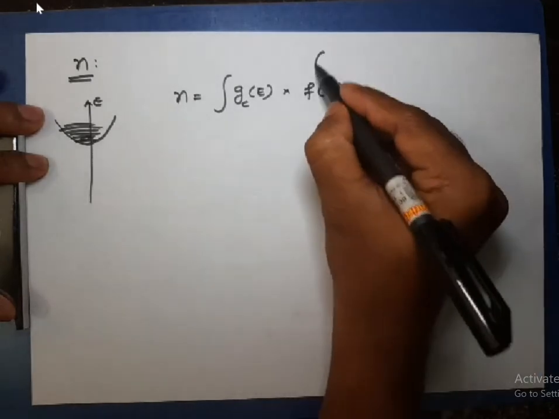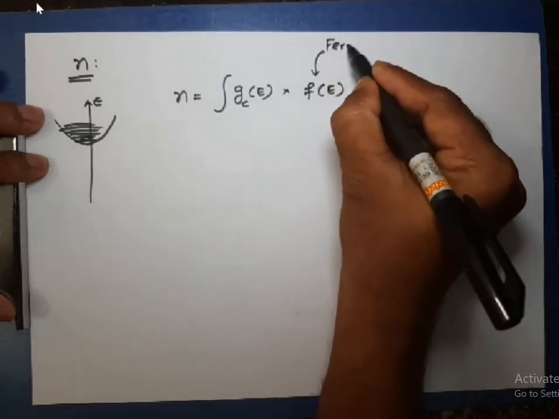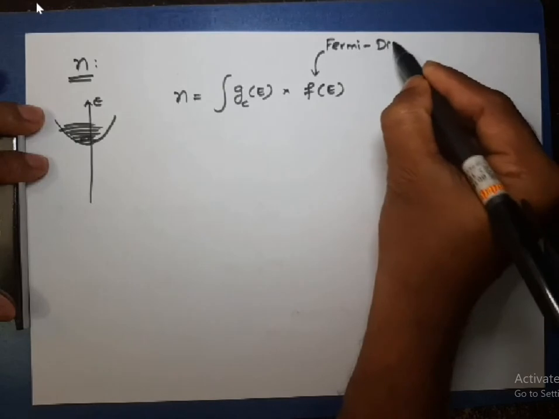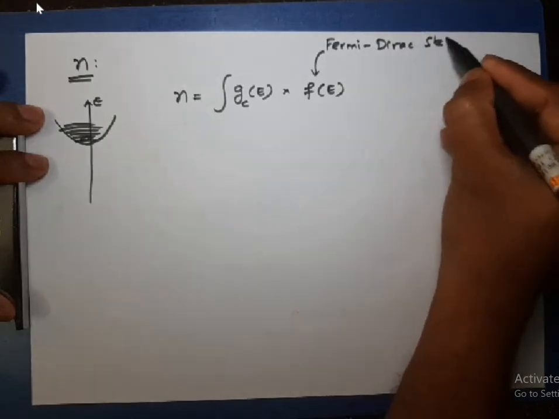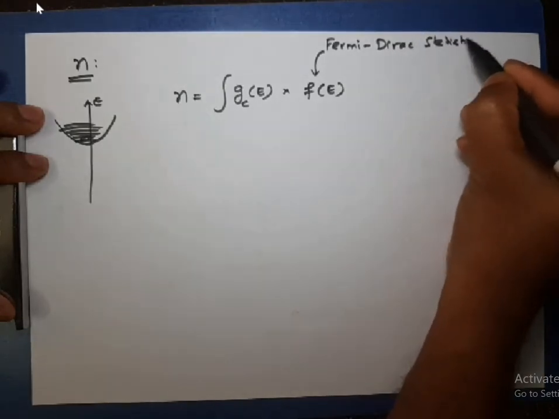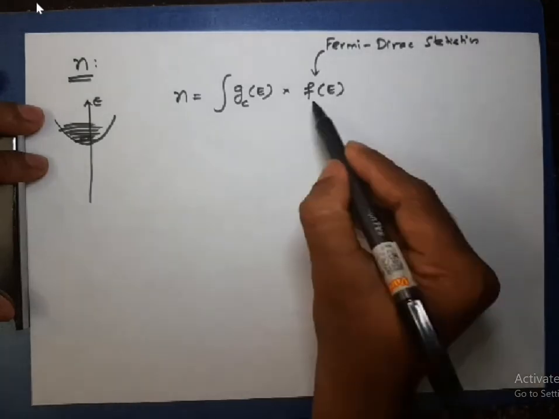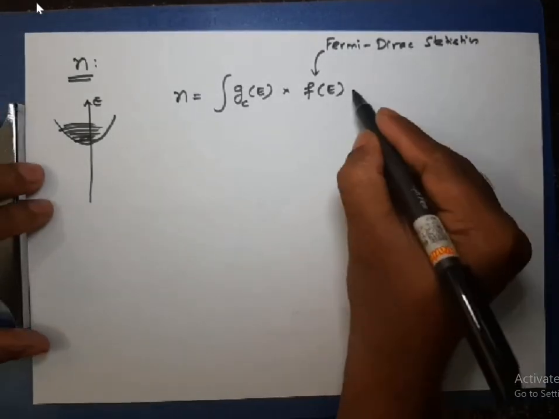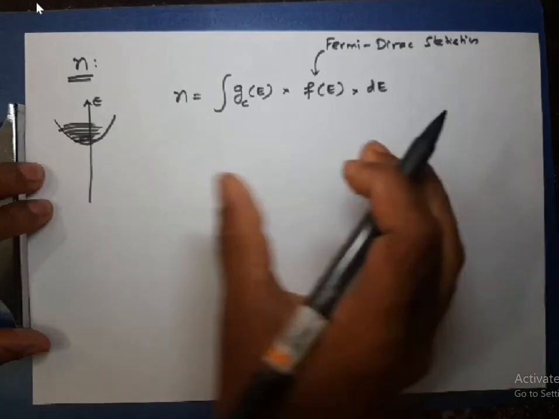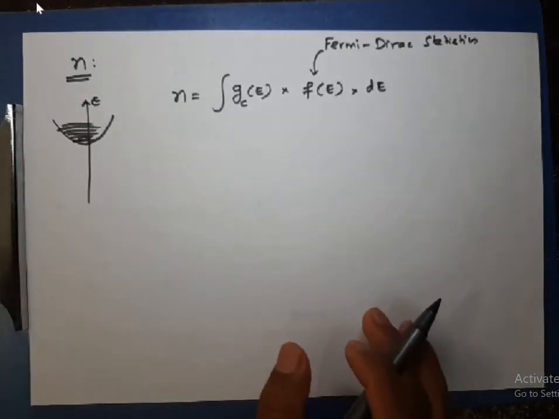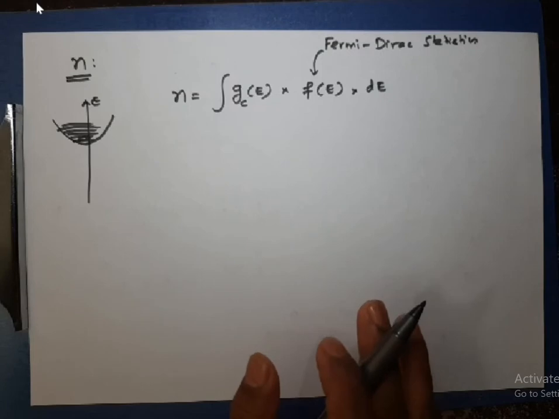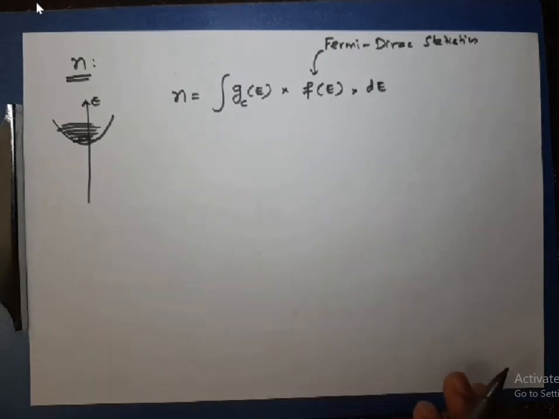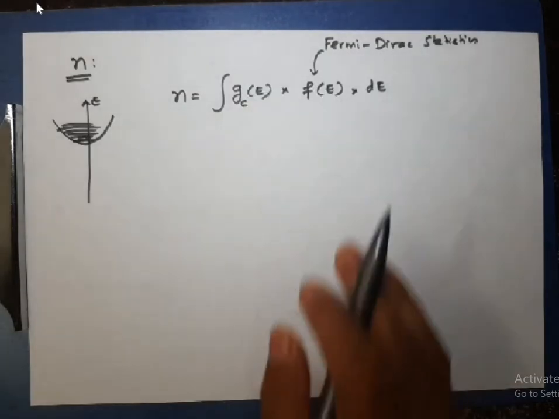This you can get from Fermi-Dirac statistics. And into dE. This integral will give you the number of electrons, or concentration of electrons, in the conduction band.